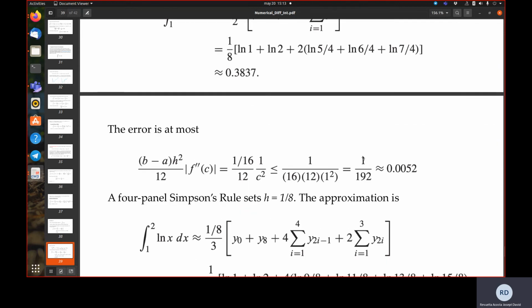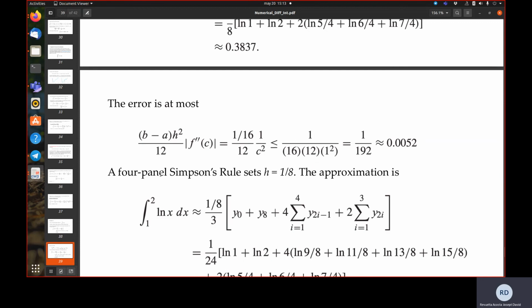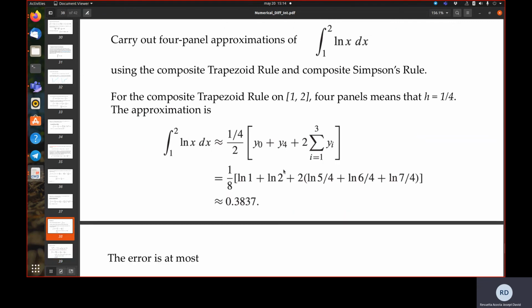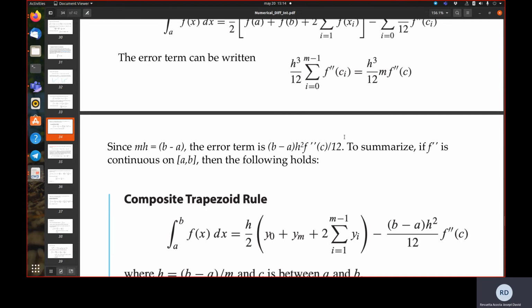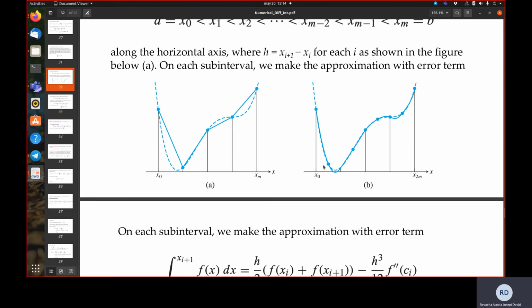So then we can apply actually the 4th panel Simpson's rule that sets h equal to 1/8. So remember, if this is actually 1/4, and then because we have one more division here, we're actually having twice the points.